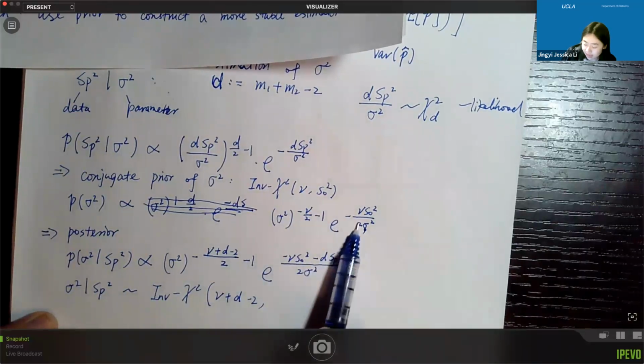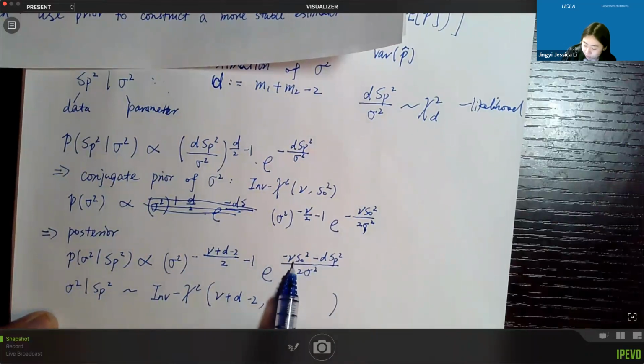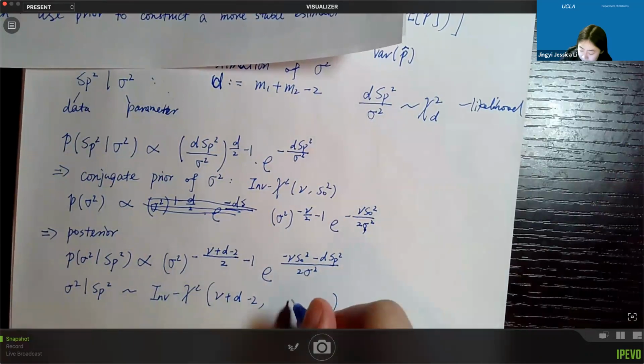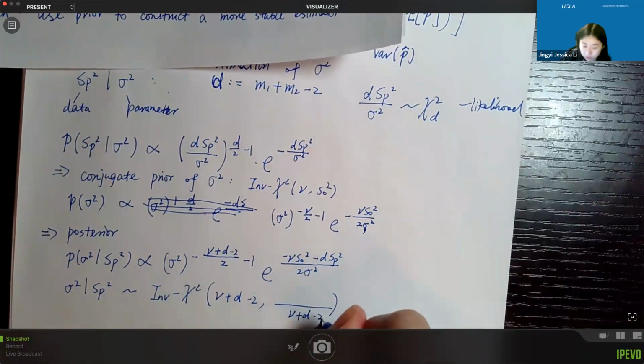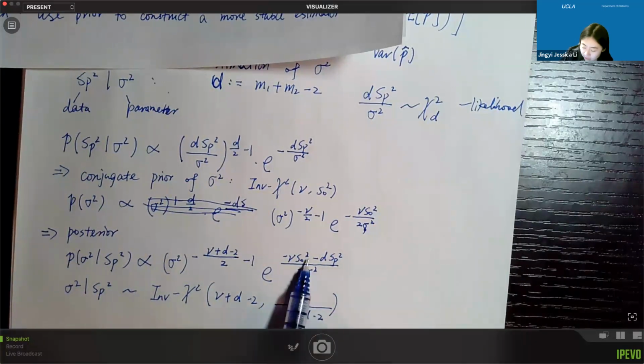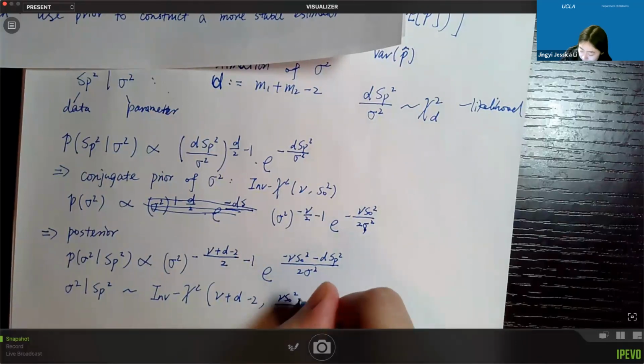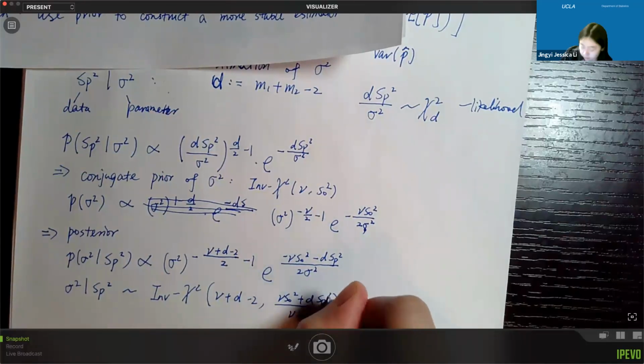So if I see that, I can clearly show that, moving the negative sign outside also, this is the product of the first parameter and the second parameter. So the first parameter is nu plus d minus 2, and the other thing is nu S0 squared plus d SP squared.